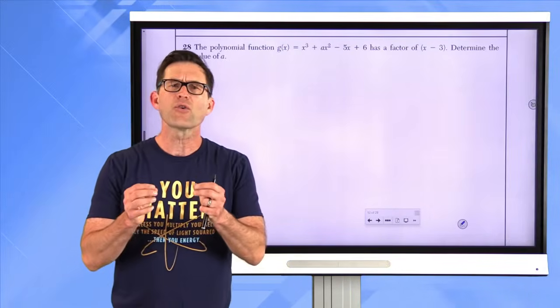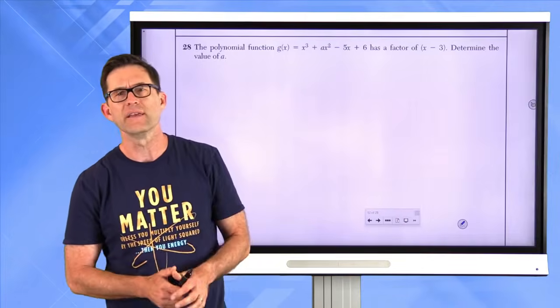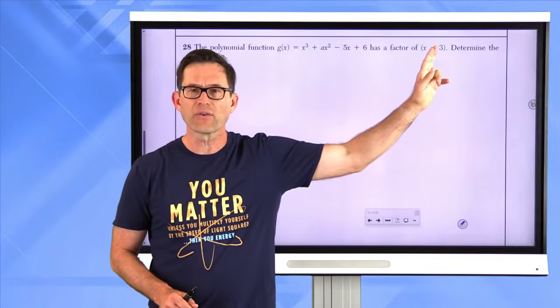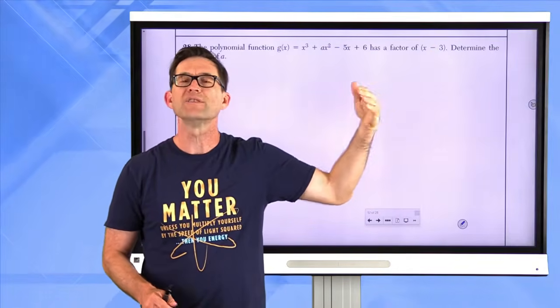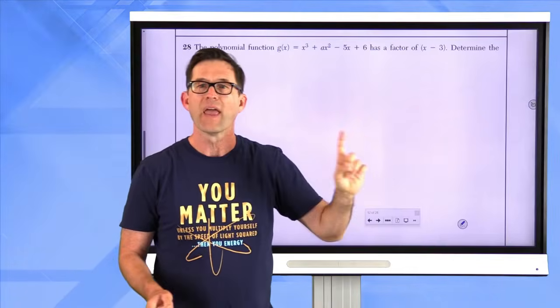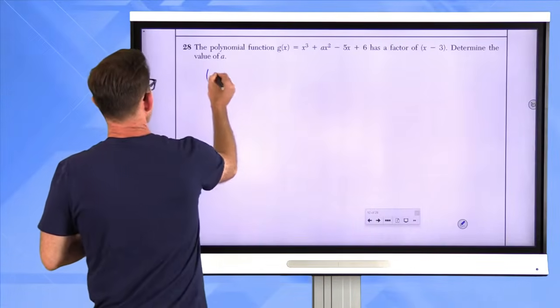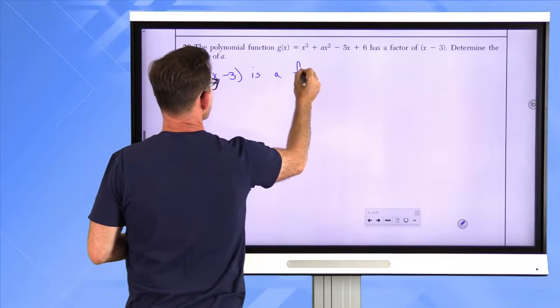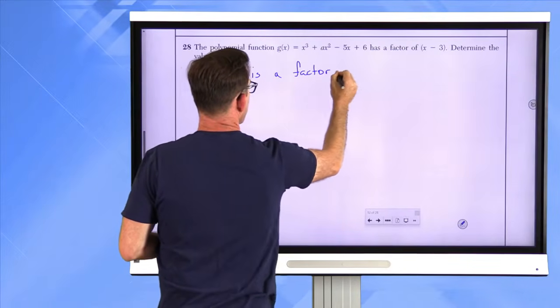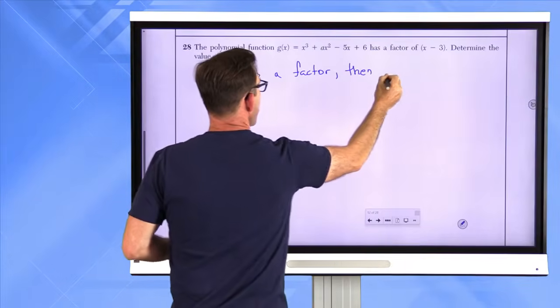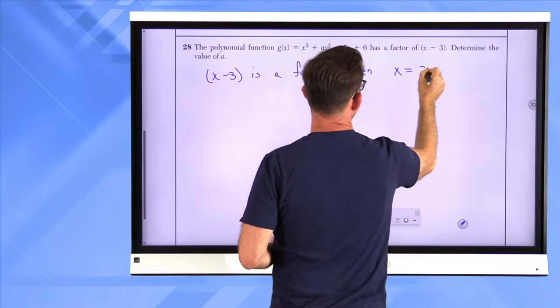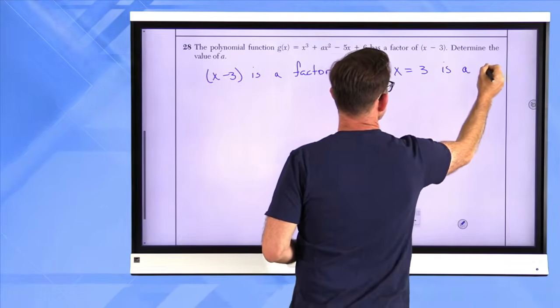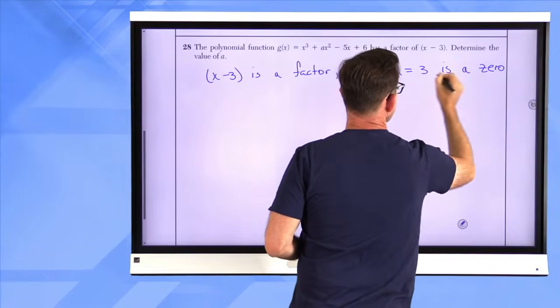There is a critical idea that links the factors of a polynomial with the zeros of a polynomial. If we know that x minus 3 is a factor, then x equals 3 is a 0.